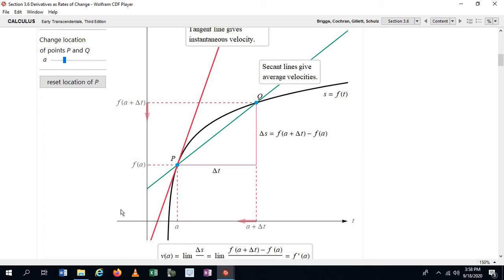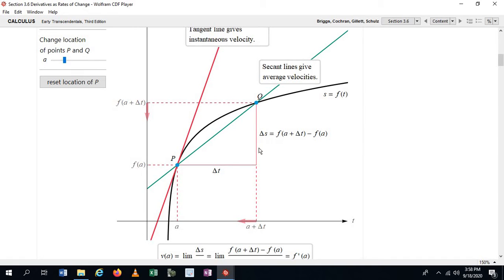And of course, the slope of the line between these two points is simply the rise of the line over the run. Now, you can see the rise of the line would be the distance between these two y values. In other words, f evaluated at a plus delta t minus f evaluated at a, which is the displacement of the object during this time period. So that's just delta s.